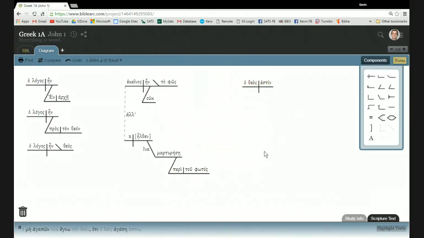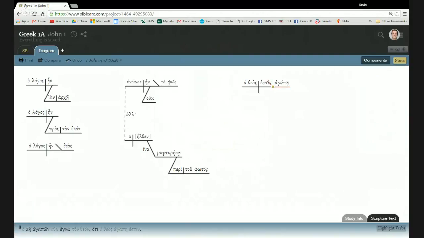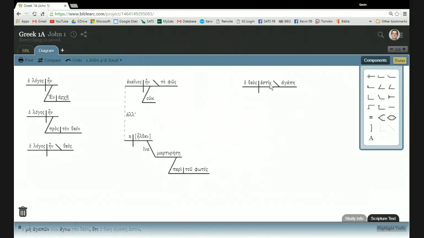And this is a proper predicate nominative. It's a noun completing the thought. God is love. Again, agapē is pre-verbal. It's in front of the verb. It accentuates the quality of the predicate nominative. So God is qualitatively love. God is love, etc.